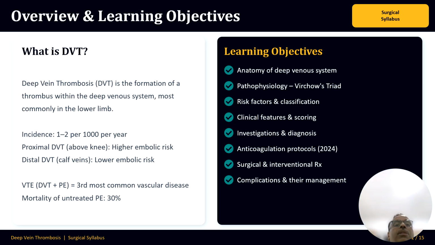Here, the risk of embolism is slightly less as compared to the proximal DVT. Now, deep vein thrombosis associated with pulmonary embolism is one of the most common vascular diseases, and the mortality of an untreated pulmonary embolism, which is a complication of deep vein thrombosis, is as high as 30%.